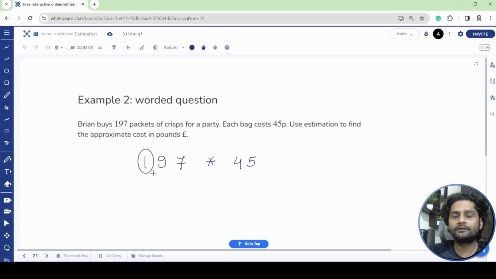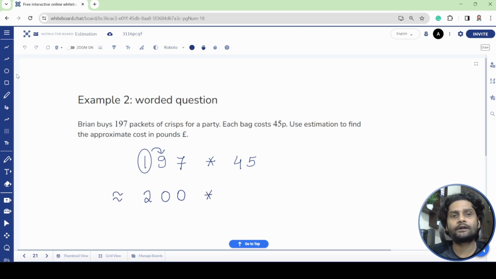Again, this is my target digit, and just because it's a whole number, we first add zeros at the place where we are leaving the numbers, and just because the next number is greater than 5, we add 1 to the previous number, so it's approximately equal to 200.